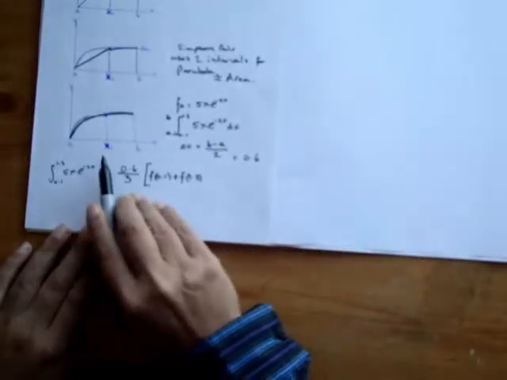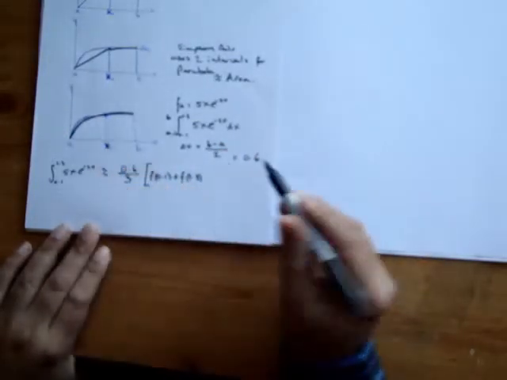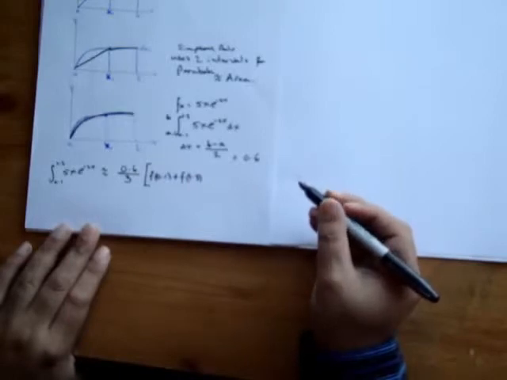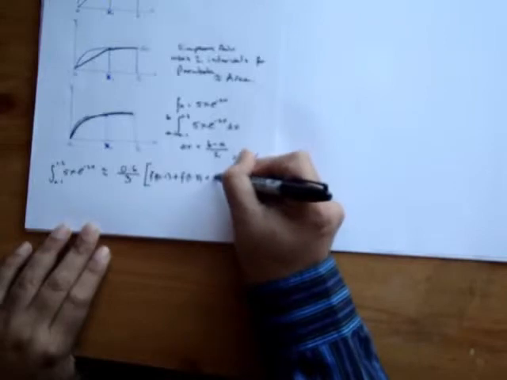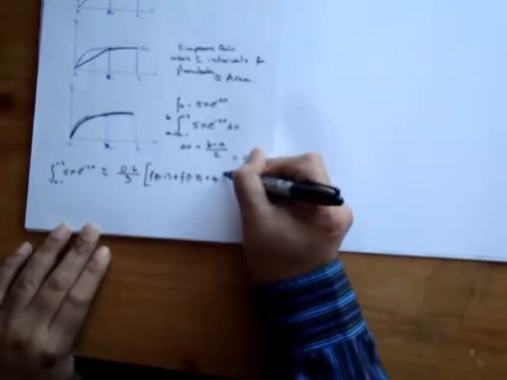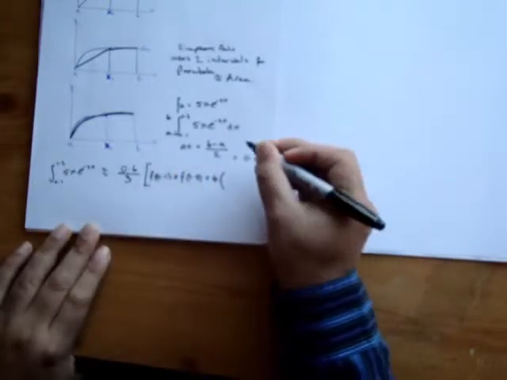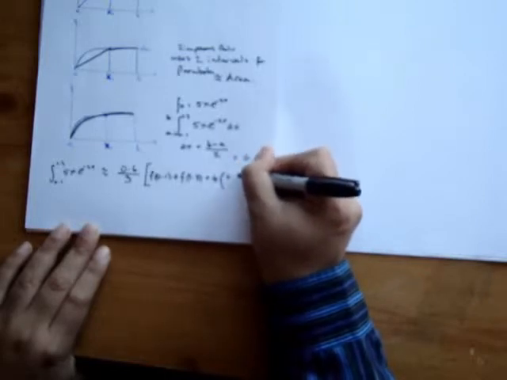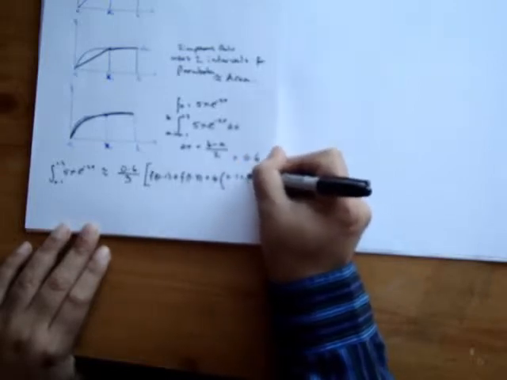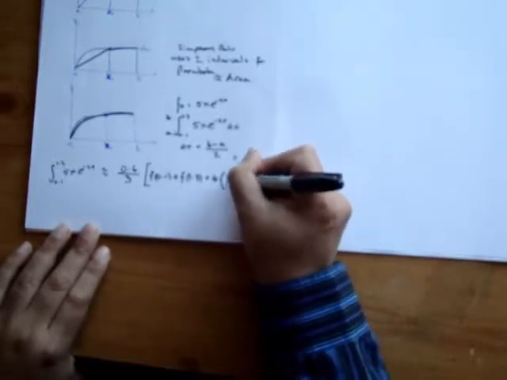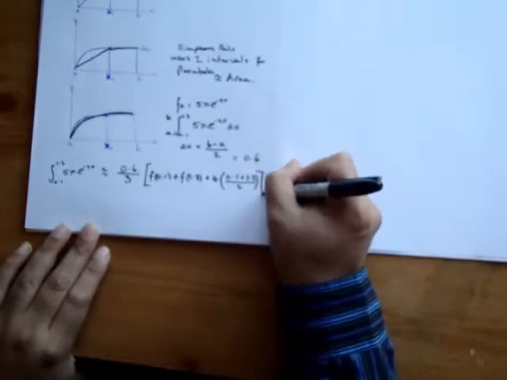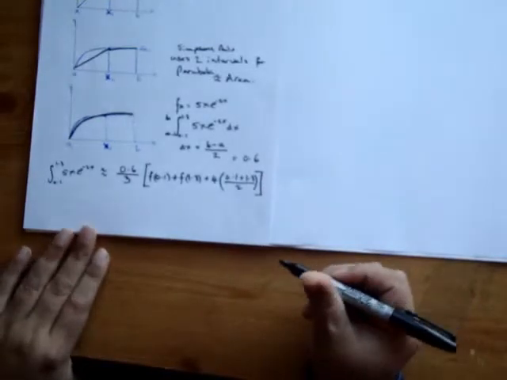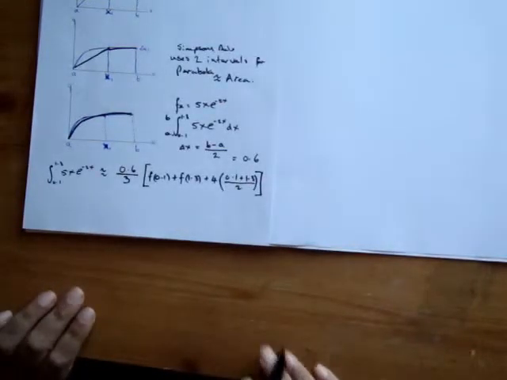And then for the middle height, we do 4 multiplied by f of the midpoint, which would be 0.1 plus 1.3 divided by 2. And that would give us an estimate of the area.